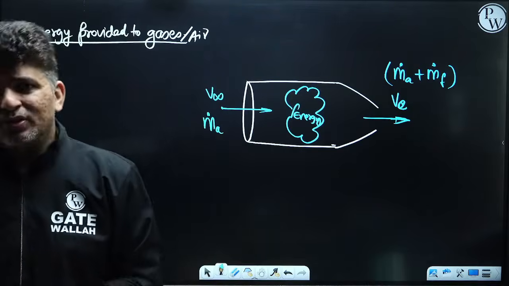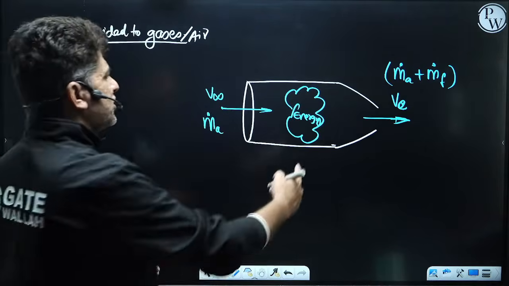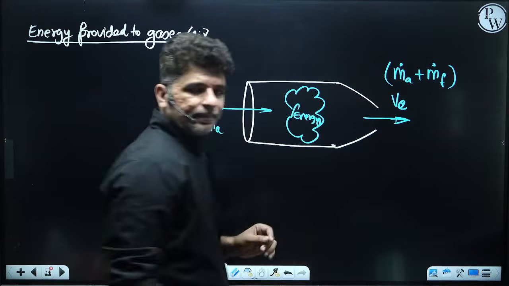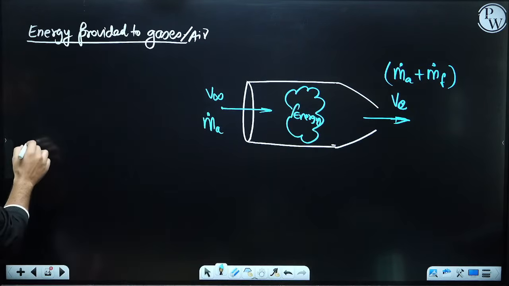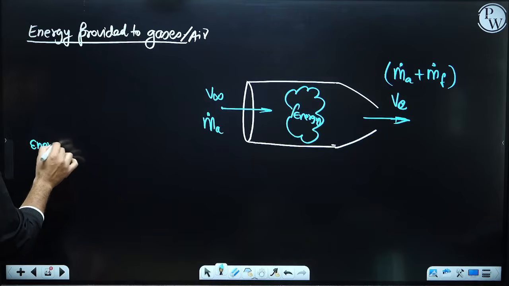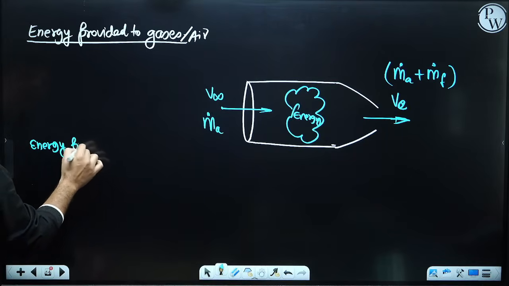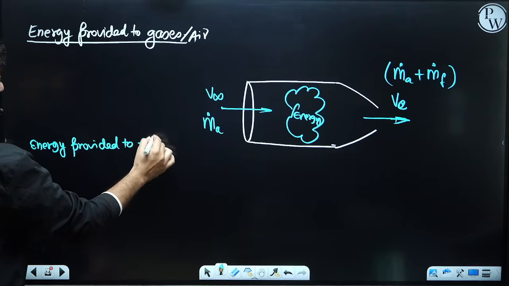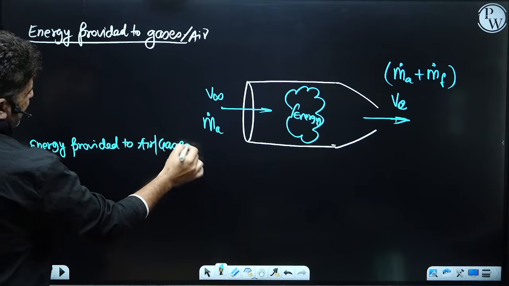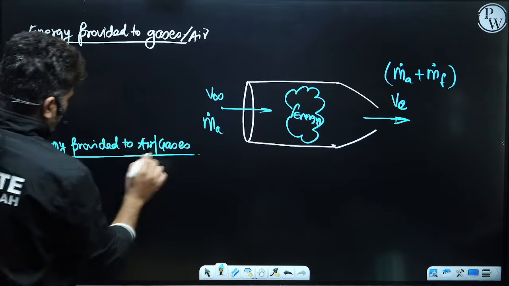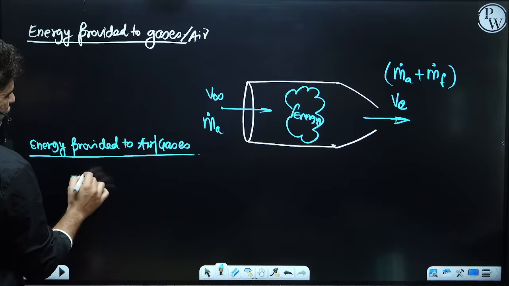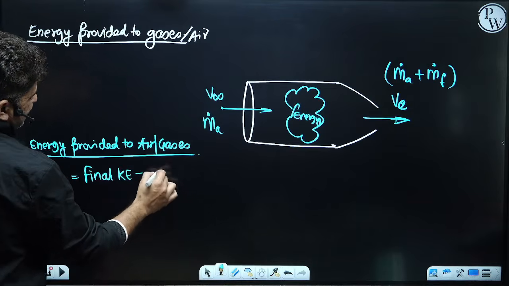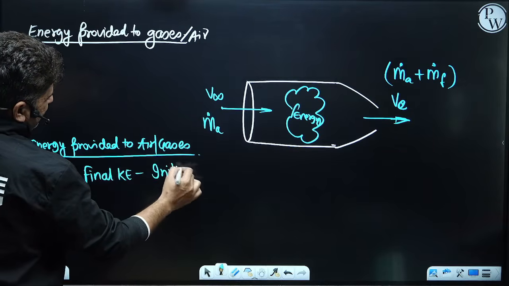So what is the total kinetic energy with which these gases are moving? The energy provided to air or gases would be equal to the final kinetic energy minus the initial kinetic energy.